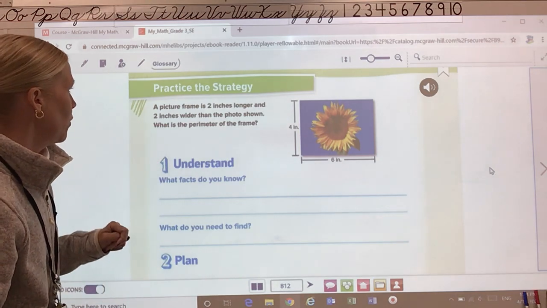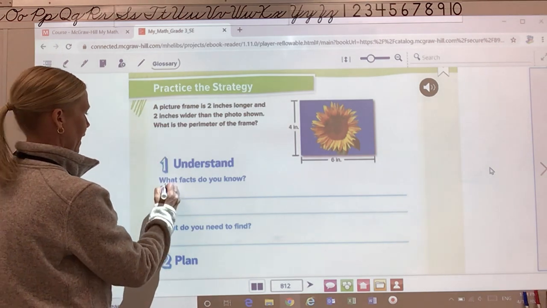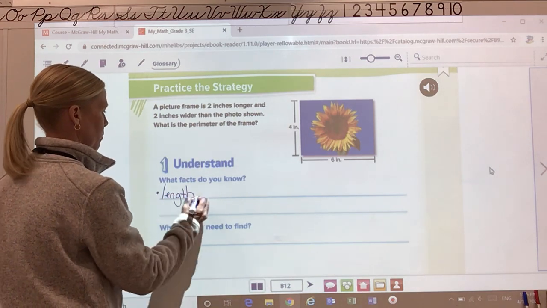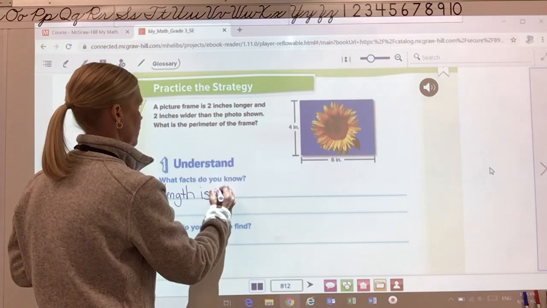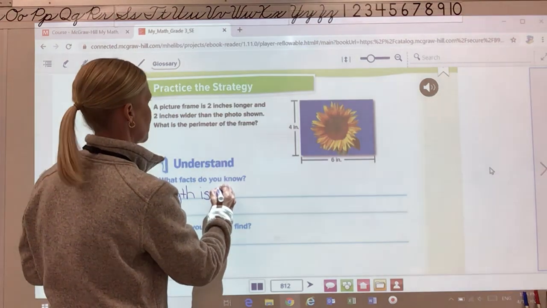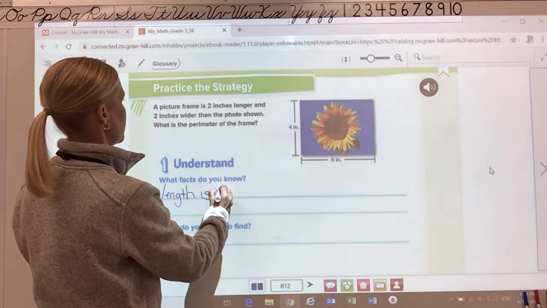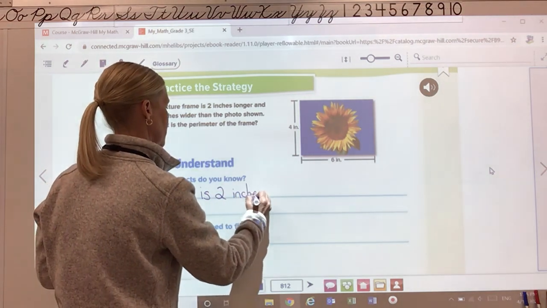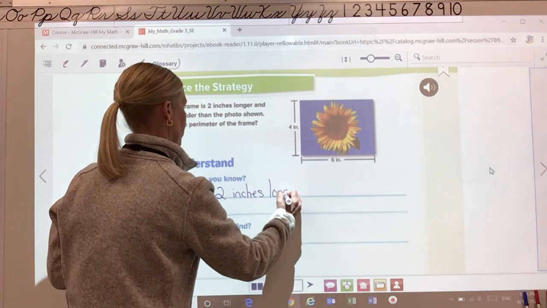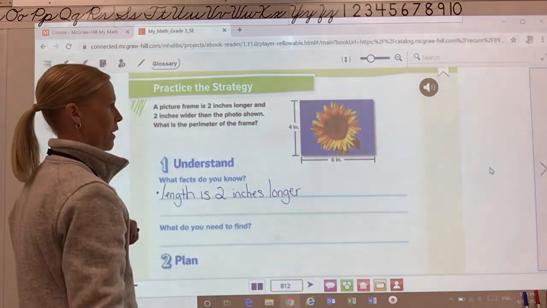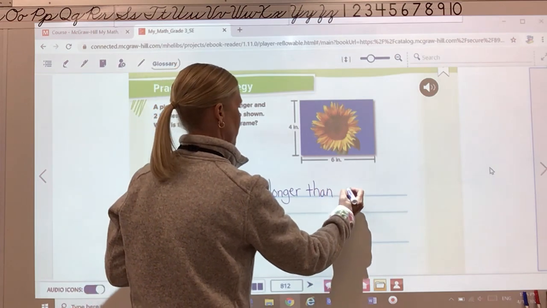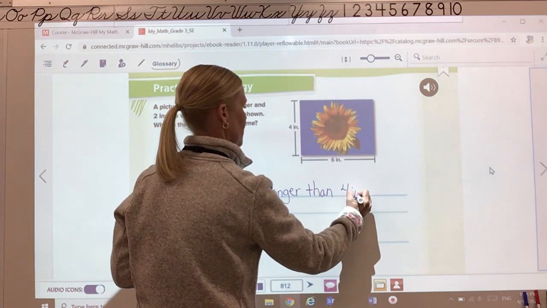Well, we know that the length, and we can put a bullet point, is 2 inches longer than the 4 inches.